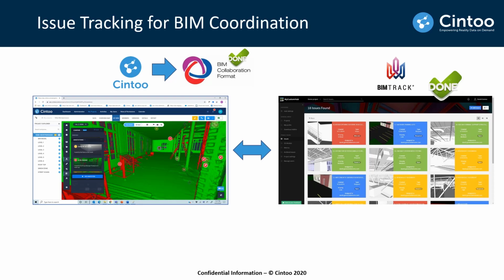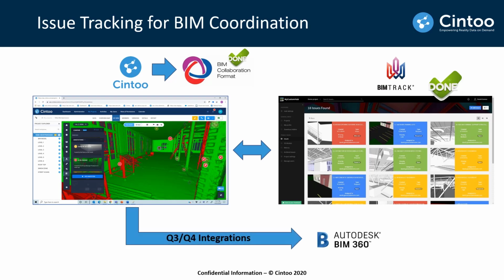What is next is the possibility to push issues from Cintoo Cloud to BIM 360. We're working on that currently. That's still a few months or a few weeks away, but coming. And after BIM 360, we will be dealing with Procore as a platform as well.